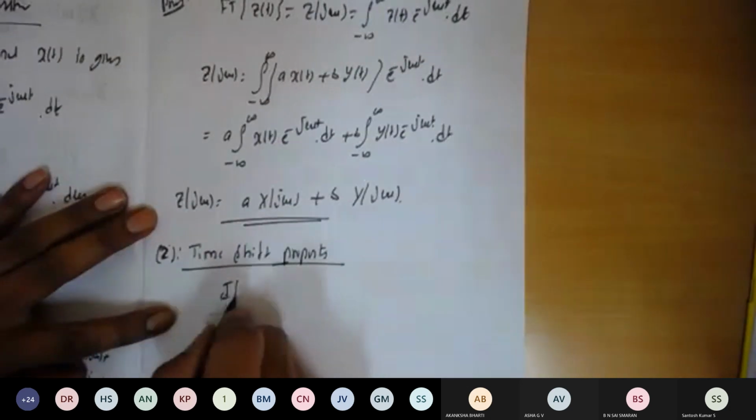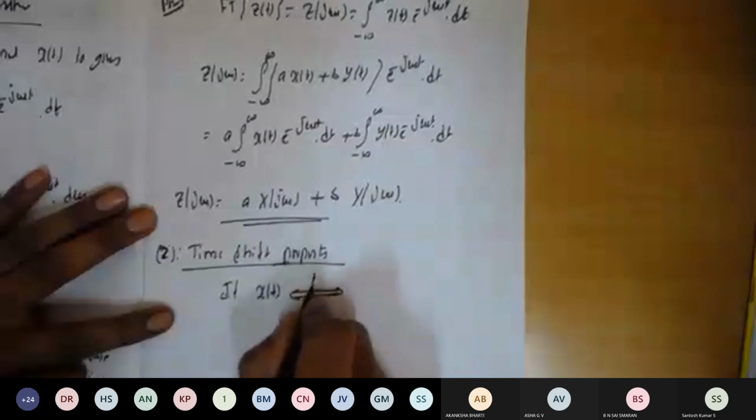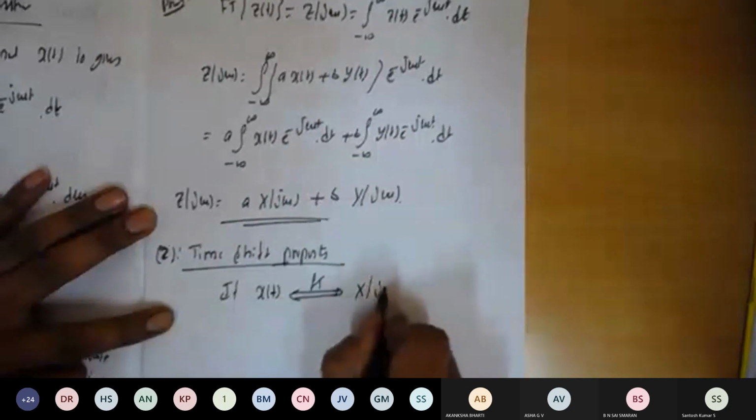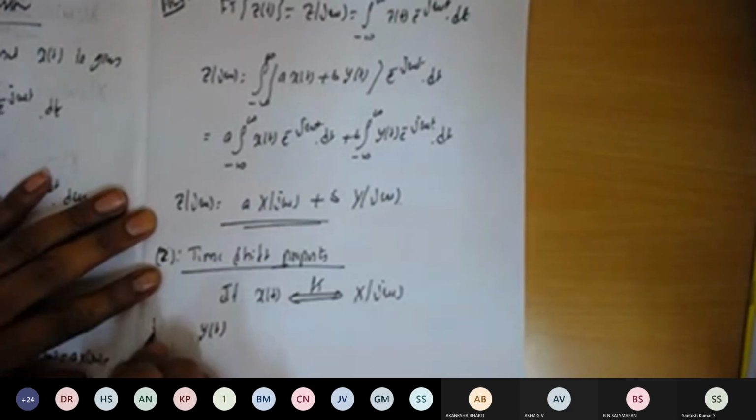So you can take, if the Fourier transform of x of t is equal to x of j omega, then y of t is equal to x of t minus t naught.